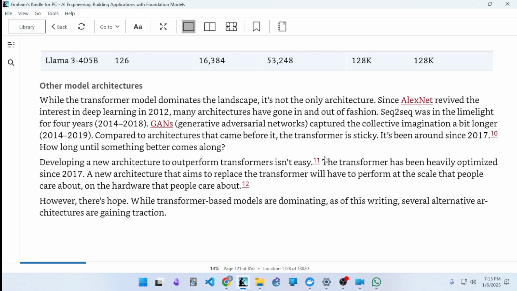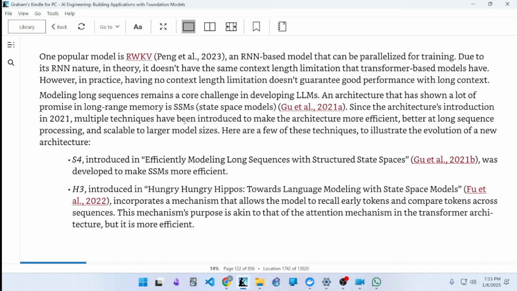However, there's hope. While transformer-based models are dominating, as of this writing, several alternative architectures are gaining traction. Interesting. One popular model is RWKV, an RNN-based model that can be parallelized for training.